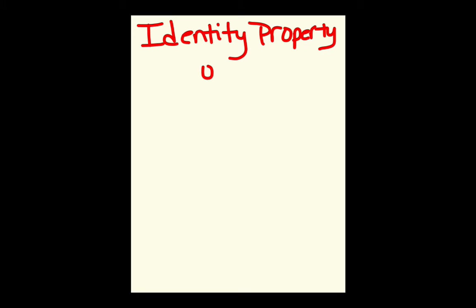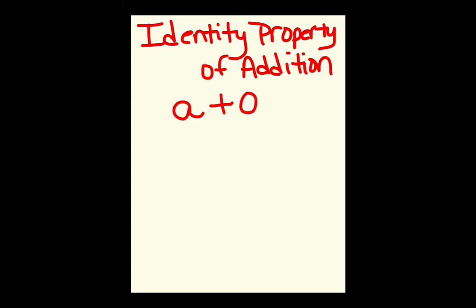Okay. Our identity property of addition simply says that for any number A, A plus 0 equals A. And A can be any rational number.